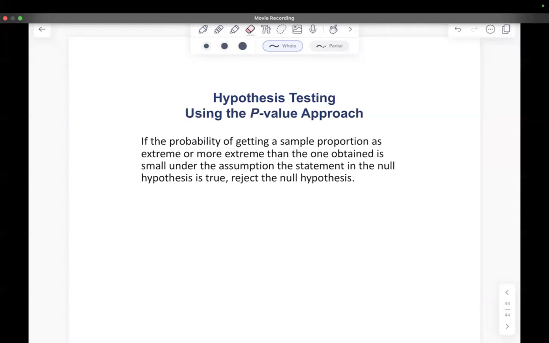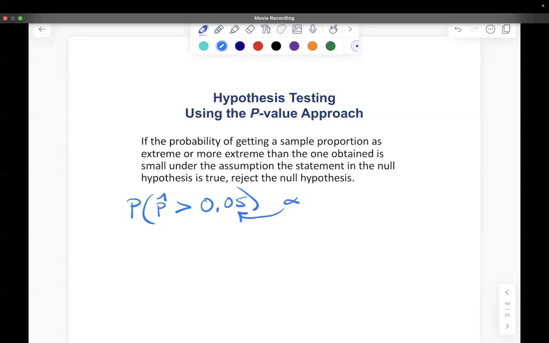For example, in that last example, I would say the probability that my p hat was greater than, and let's say alpha is 0.05.